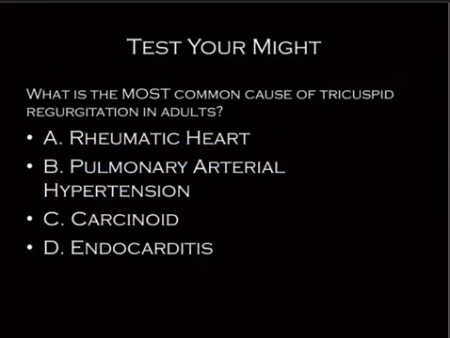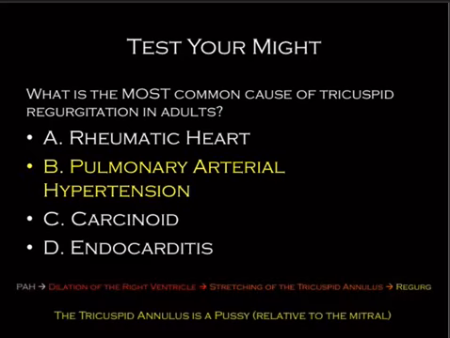So what about tricuspid regurg in adults? Why does that happen? Well, this happens because of pulmonary hypertension. The general idea is you get pulmonary arterial hypertension, the RV dilates, and that stretches the tricuspid annulus, and then you end up with regurg.